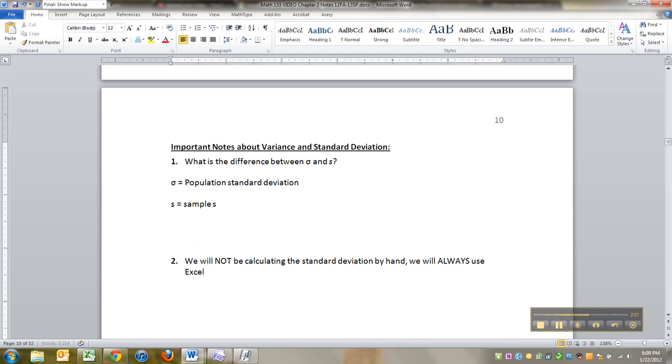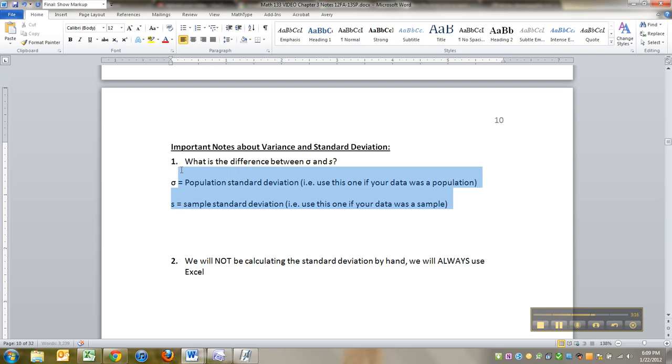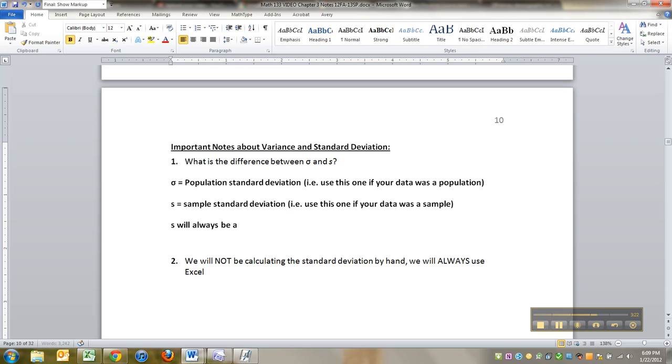S equals sample standard deviation, i.e. use this one if your data was a sample, and use this one if your data was a population, which of course is going to occur far less often, right? Notice that S will always be a little bit bigger than sigma.